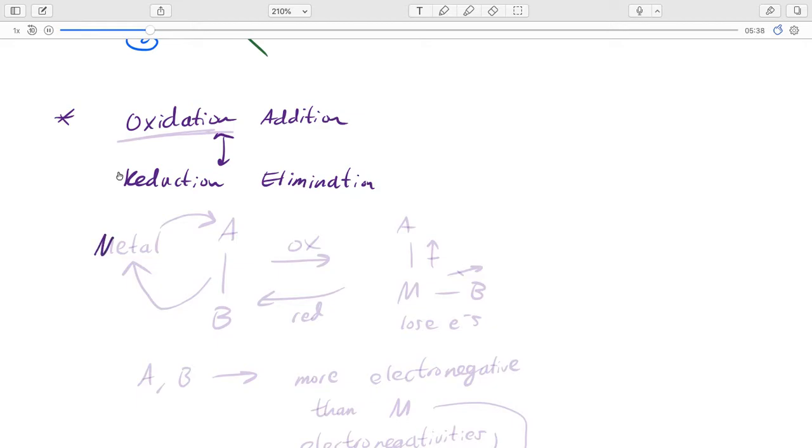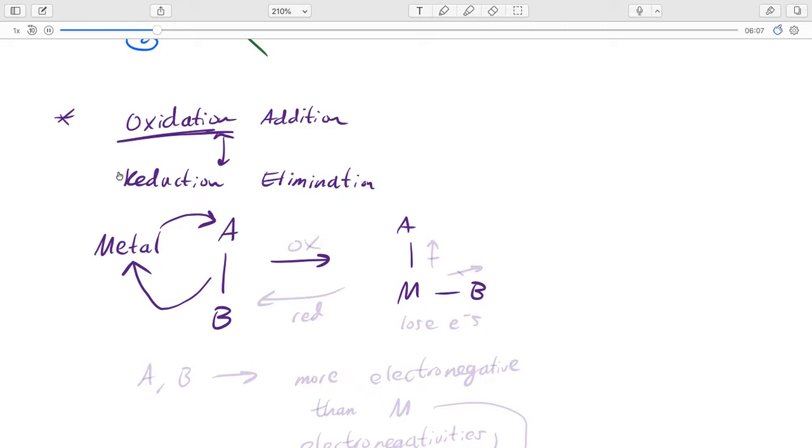So we've got the metal, we've got two atoms connected via a bond. The metal will simply attach itself onto A, then the sigma bond from B will come and attach to the metal, so you will get A attached to B.